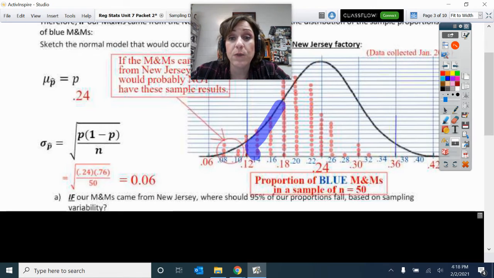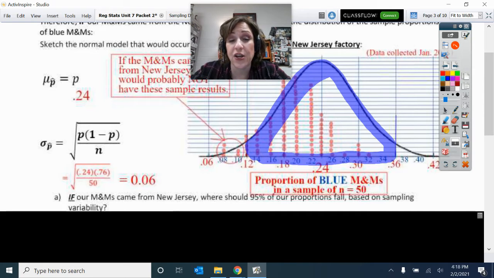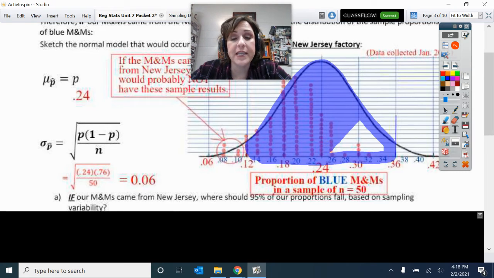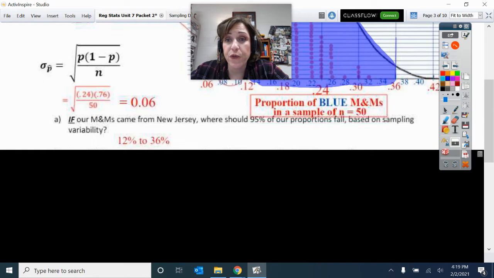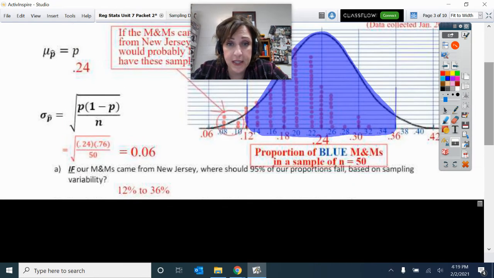So that tells me, once again, all of the samples in here are just because of sampling variability. You got different data than me because of sampling variability. So there's where I put those numbers from 12% up to 36%.